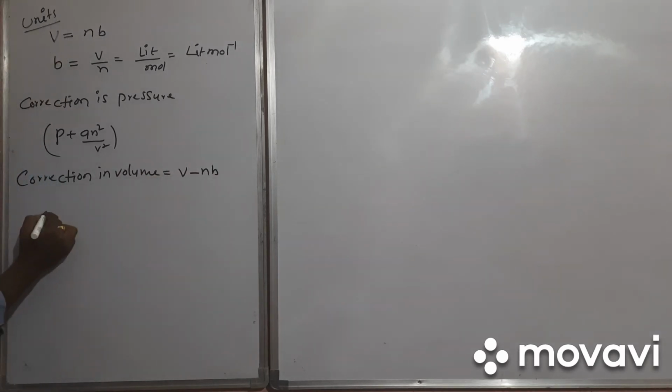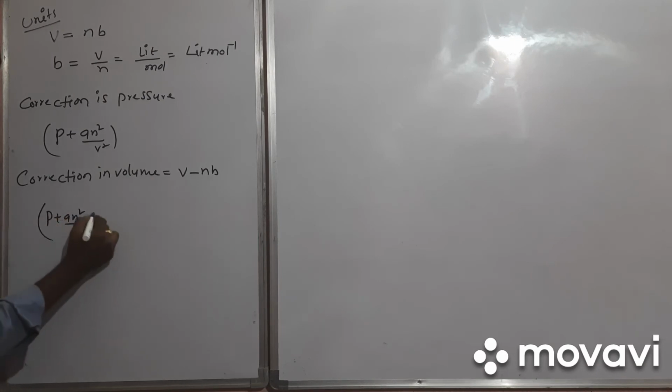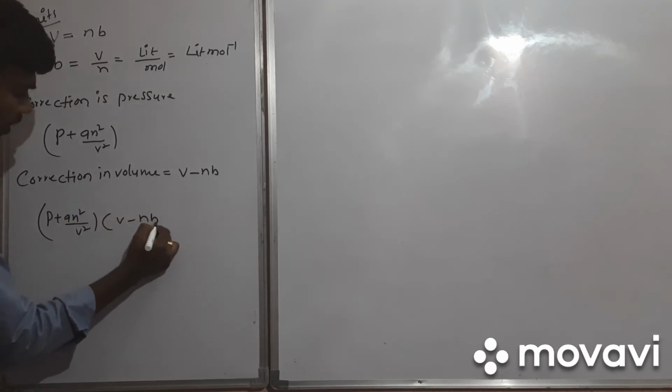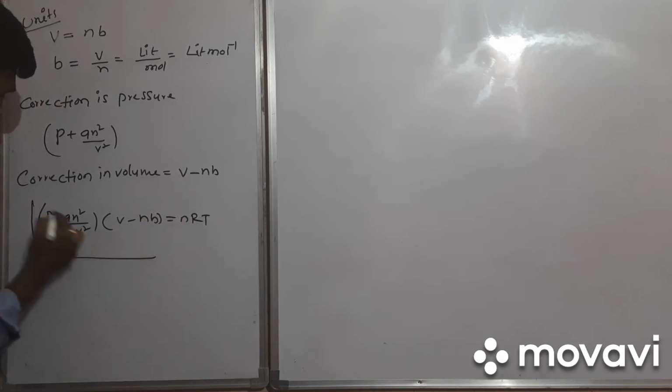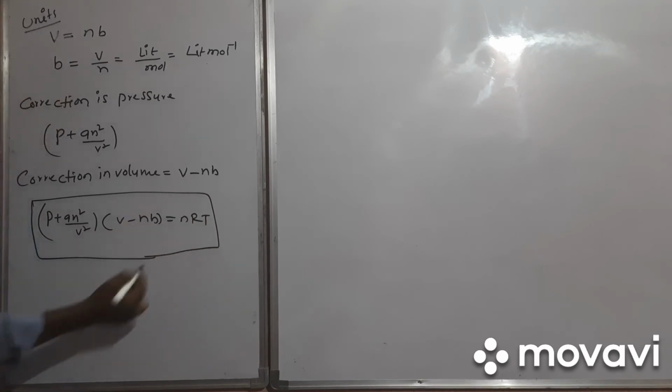So the final equation is P plus a n square upon V square into V minus nB is equal to nRT. This is called the van der Waals gas equation.